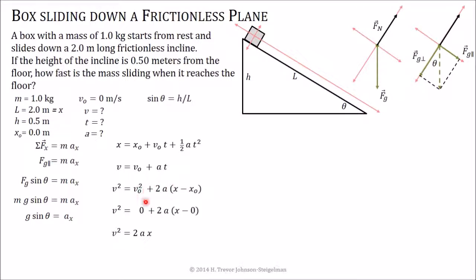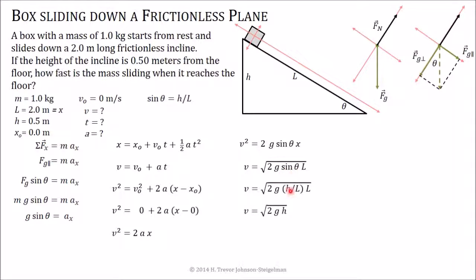So I know my V0 is a 0. I pop that in. I know my X initial position is 0, so I pop that in. And again, I already had from earlier this g sine theta is my A, or my acceleration. So I can pop that in, and this should be starting to look familiar again.